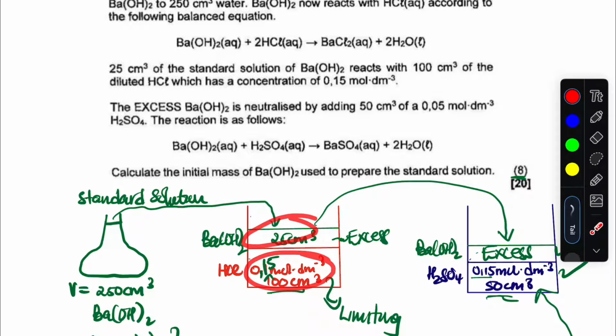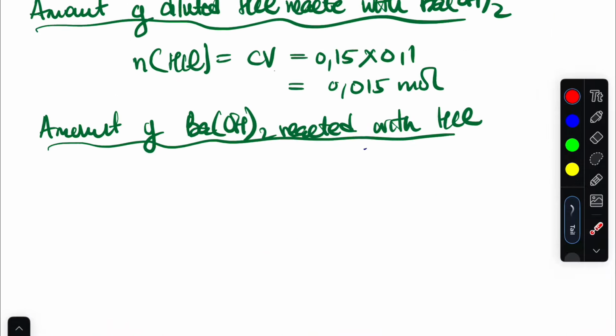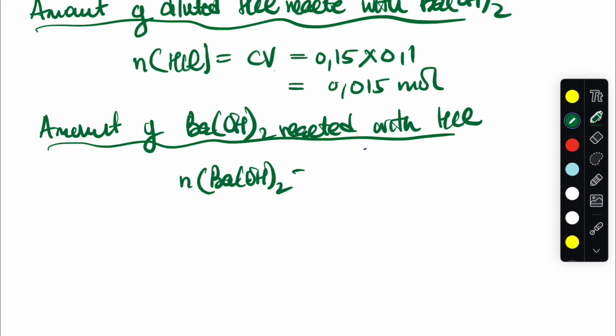So here the ratio is 1:2, right? So I'm going to say the number of moles of barium hydroxide is equal to half times the number of moles of the HCl, because the ratio, guys, is 1:2, so it's going to be half.